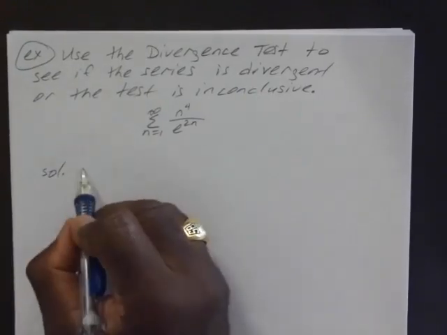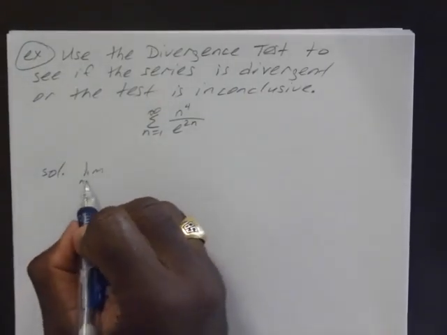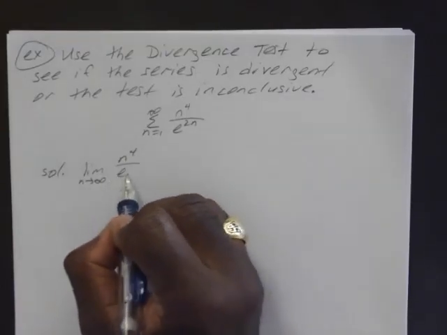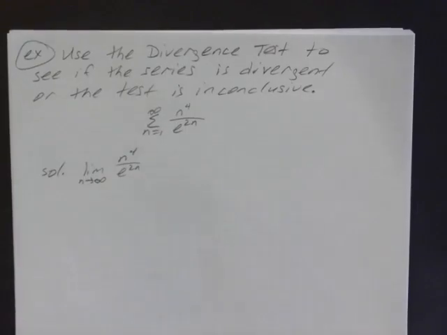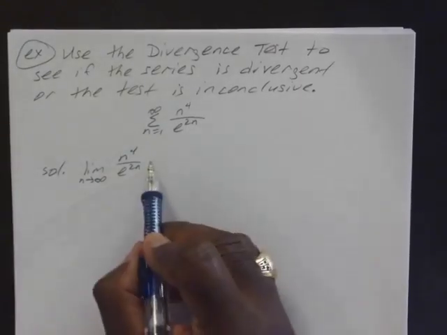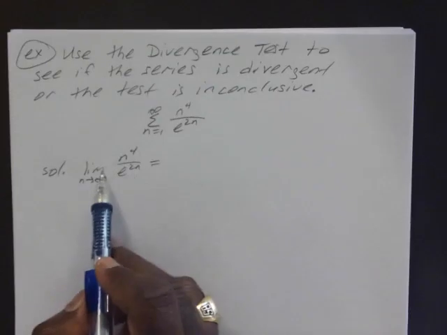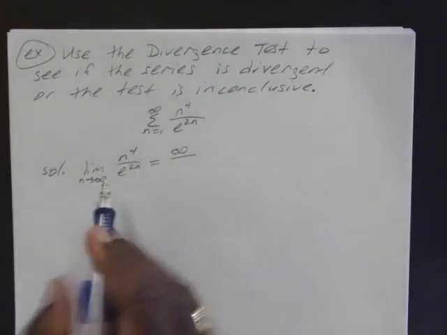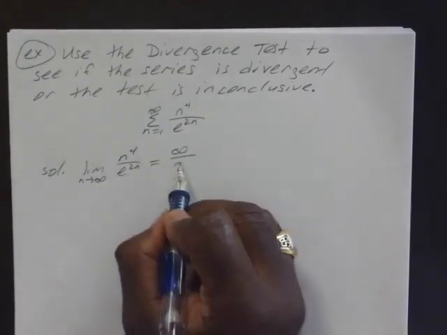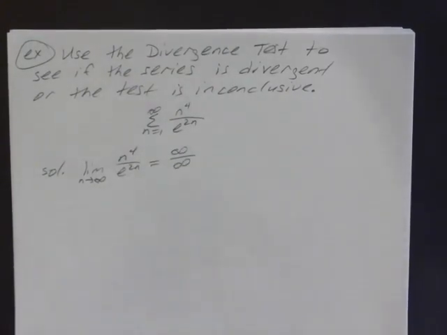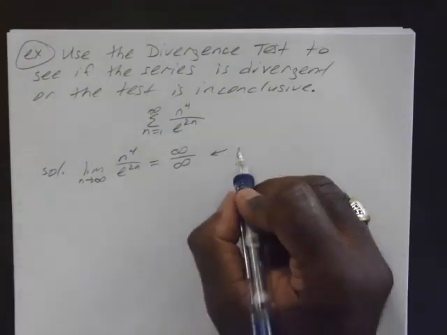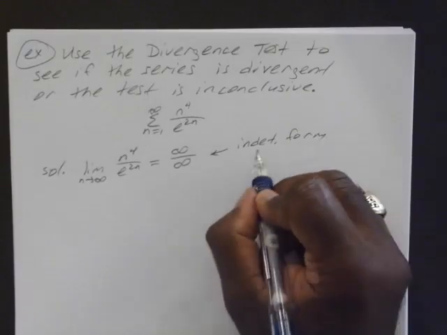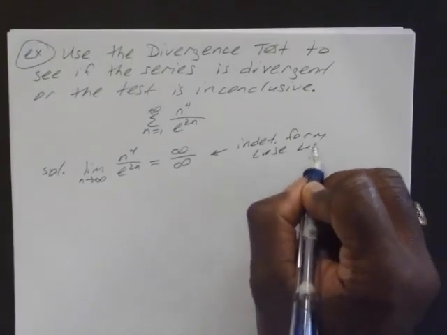So again, we take the limit of our series, n to the fourth power over e to the power of 2n. And once again, if we look at the numerator, we see as n gets bigger and bigger, the numerator gets bigger and bigger. Same thing with the denominator, it just keeps getting bigger, which means we have an indeterminate form. So we use L'Hopital's rule.